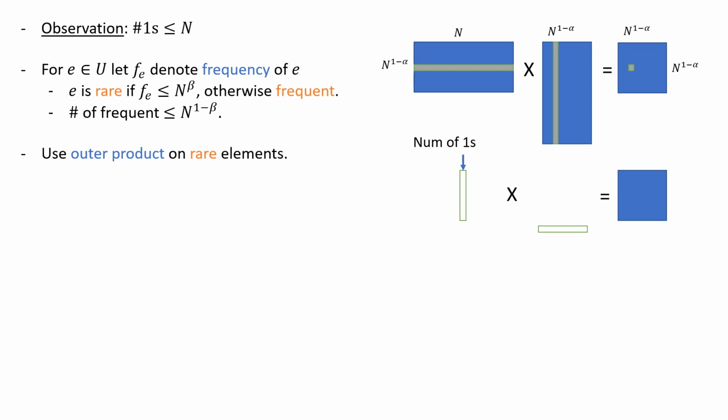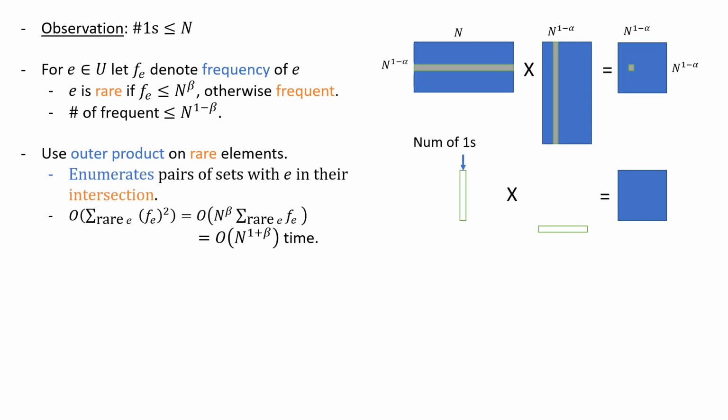In order to compute this outer product efficiently, the algorithm enumerates all pairs of sets that both contain e. Since e is contained in fe sets, the time cost for each outer product is fe squared, and so the total time cost of all outer products is at most order of n to the 1 plus beta. You can do the math if you want to verify.